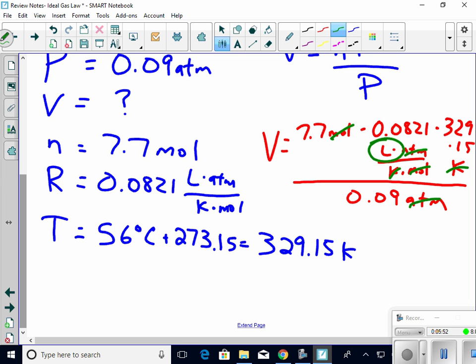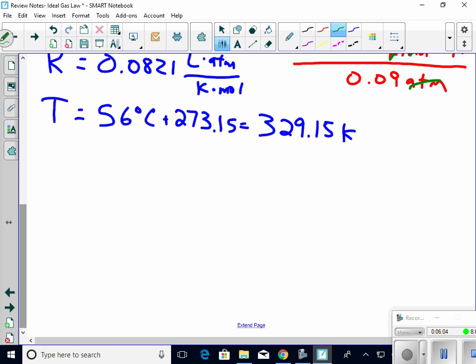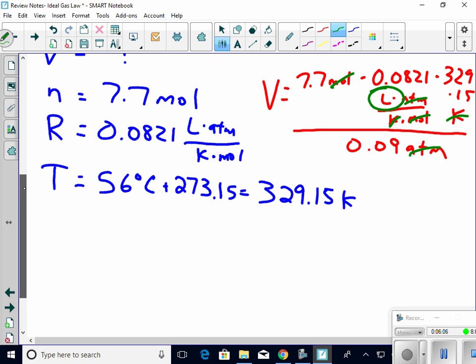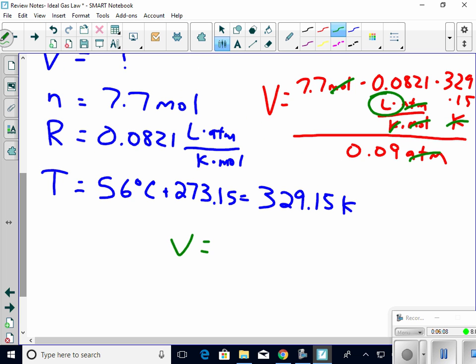So when I do my math, I put it all together. And I come up with a value of, my volume is equal to 2311.99 liters.